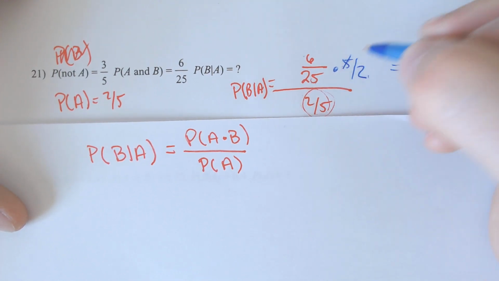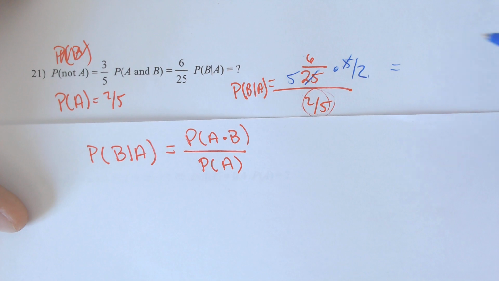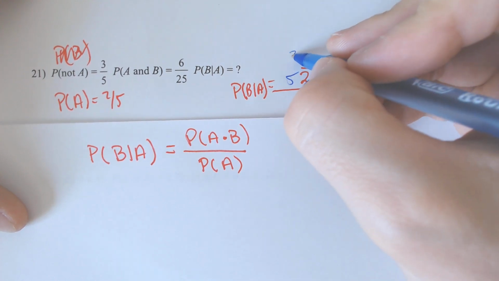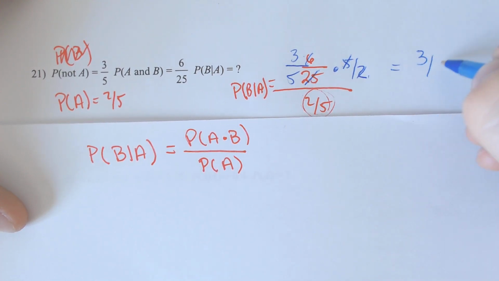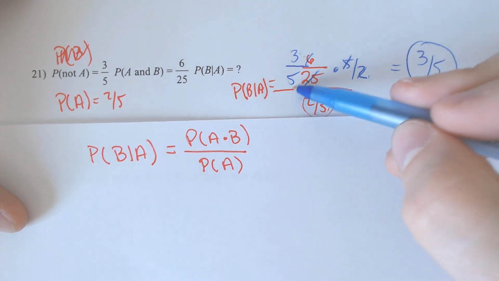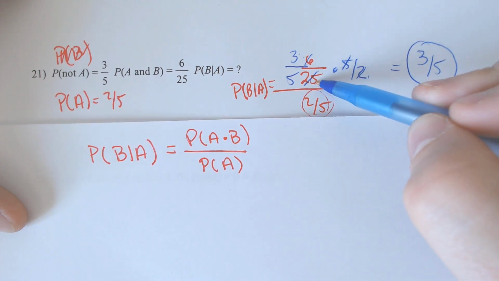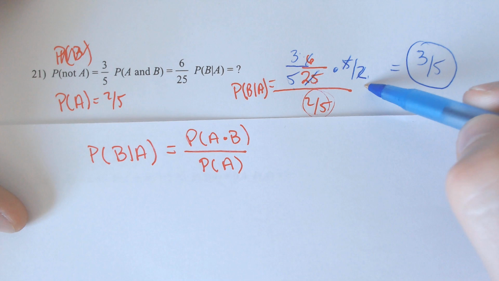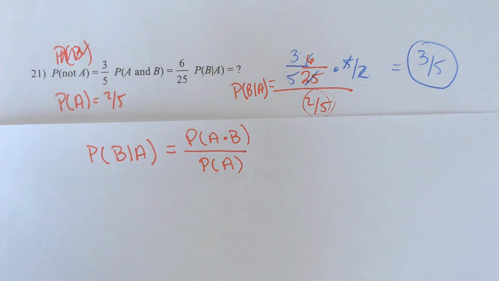So this is going to simplify to a 1/5, and this is going to simplify to a 3. So we end up with a final answer of 3/5 because 5/25 is 1/5, and 6/2 is 3. 3/5, final answer.